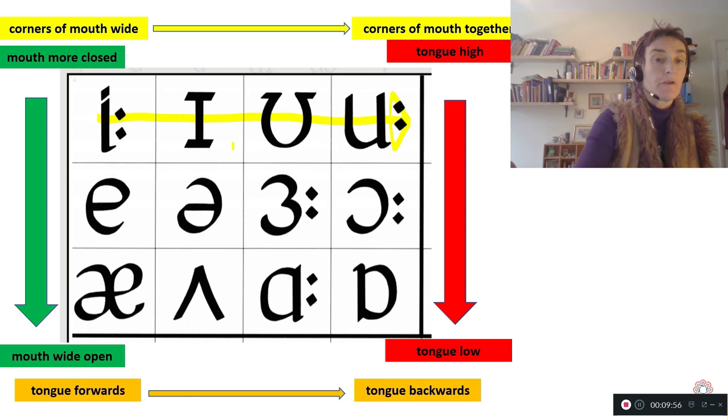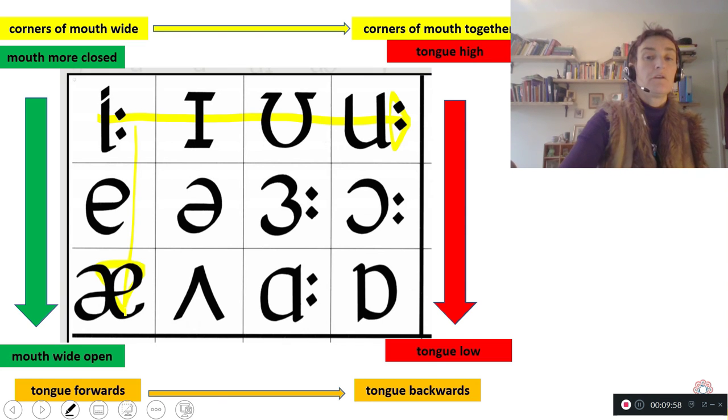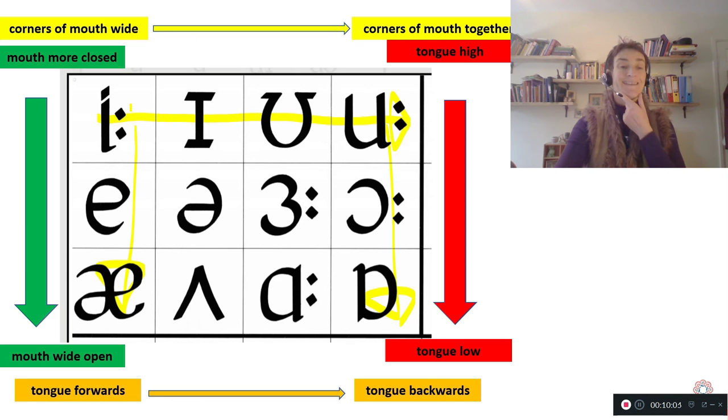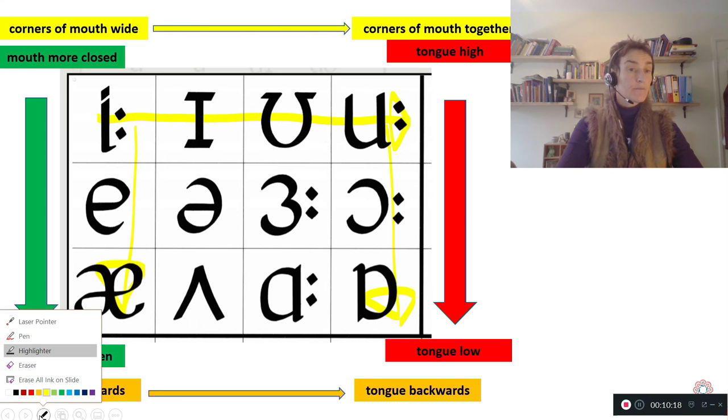Second one, I'd probably do the 2 that go down at the ends because they're quite easy too. So this one is E-A, E-A, and this one oo, oo. Those would be the three to start with.